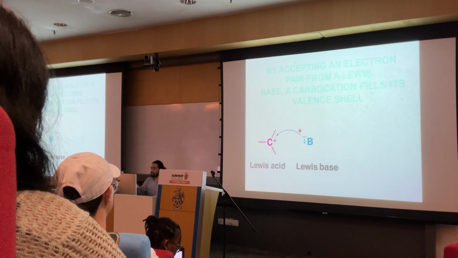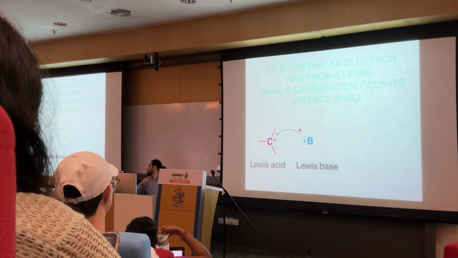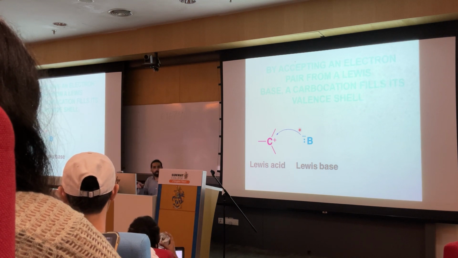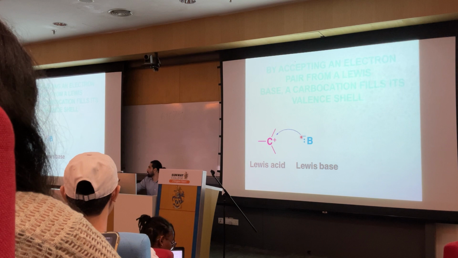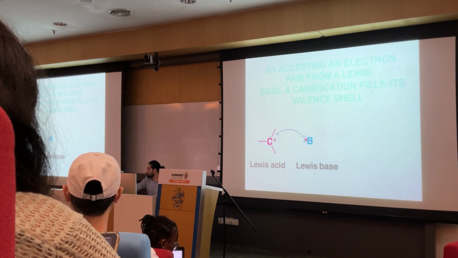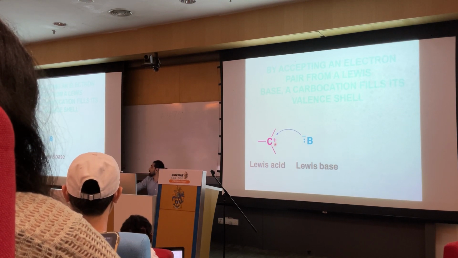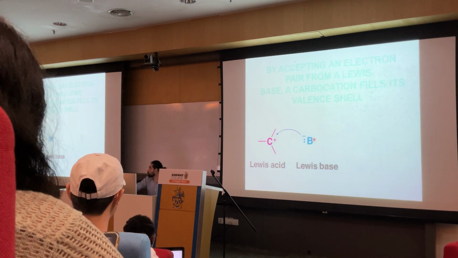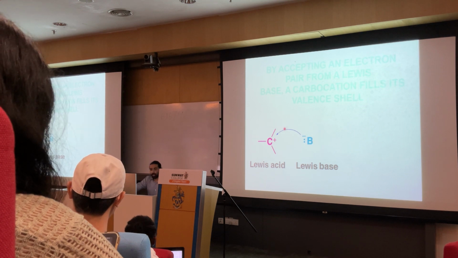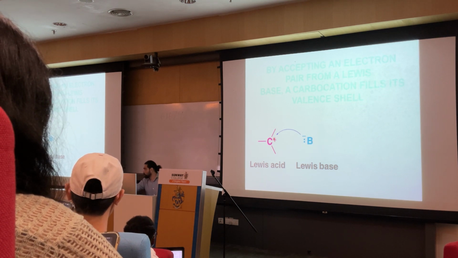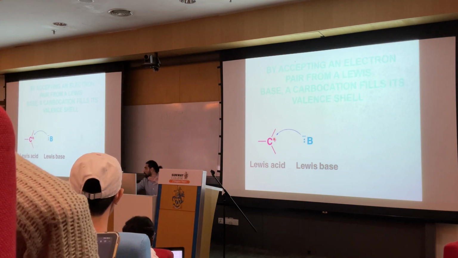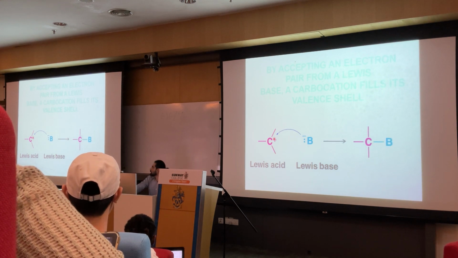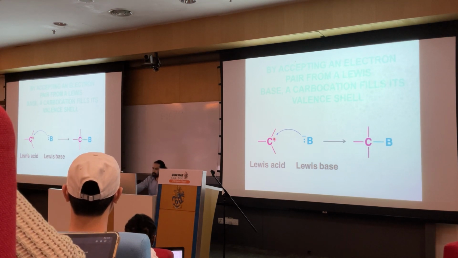Even though we sometimes say that the electrophile is attacking the base, when you actually draw a mechanism, you will have to put the tail of the curly arrow at the nucleophile and the head of the curly arrow towards the electrophile. This makes sense? Because that's where electrons are moving from, and that's where electrons are moving towards. So the head shows that electrons are moving in this direction. Yeah? And as a result, this bond will form. Easy peasy.